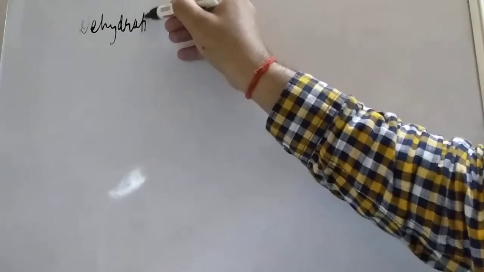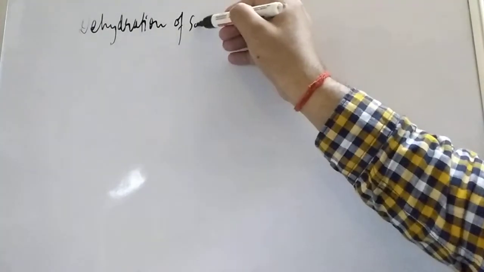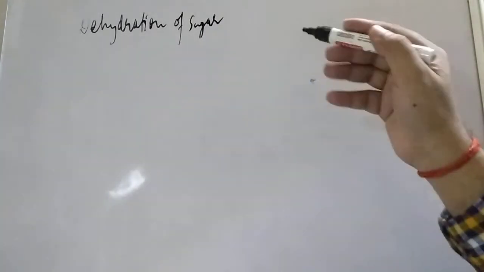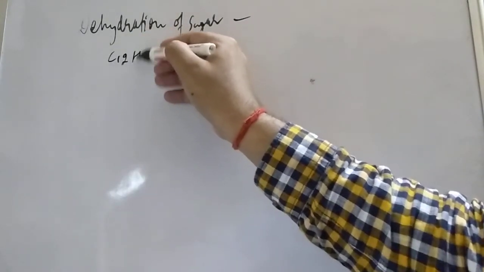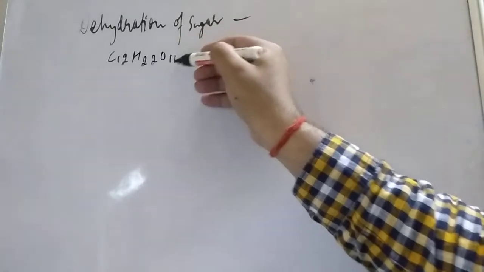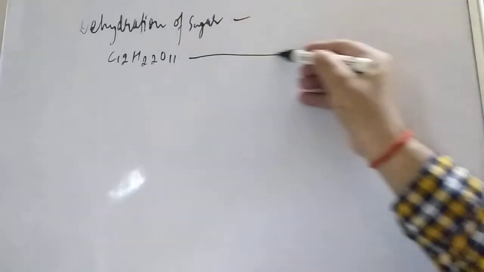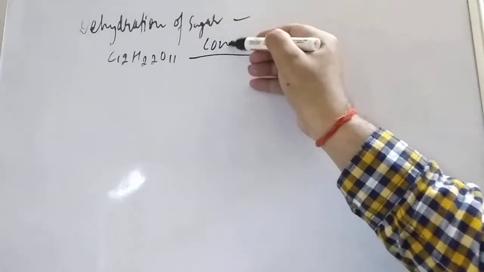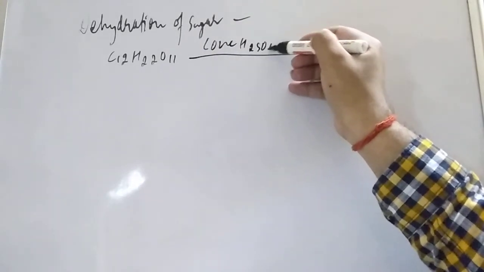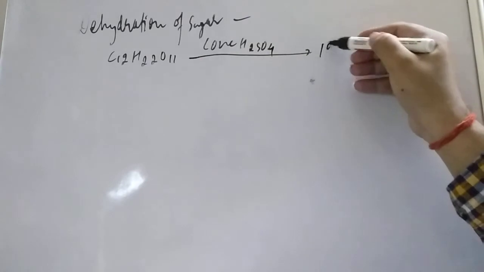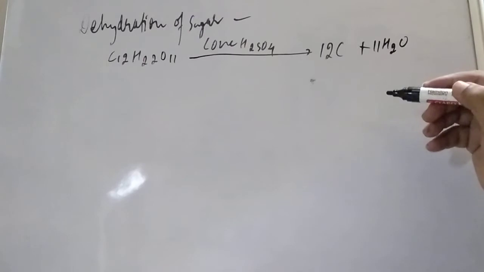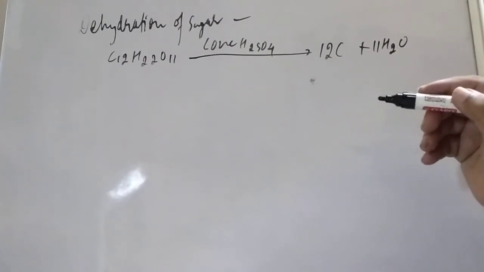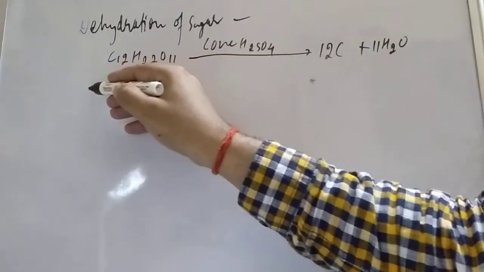Let us see, student, how the dehydration reaction works. You take the sugar molecule, C12H22O11, with concentrated H2SO4. It will give 12C plus 11H2O. Next one is dehydration of formic acid.